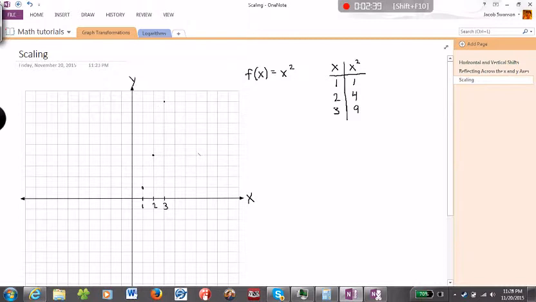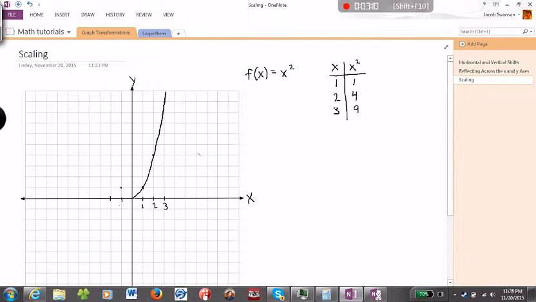Then you would just connect these in a curved fashion, even though I'm probably not going to do very well, but that's not terrible. So that's going to be one half of it. And of course, when you square something, even when it's negative, it becomes positive again, because two negatives multiplied to each other will equal a positive value. So we can do this same thing in the negative direction. When x is negative 1, y will be 1.